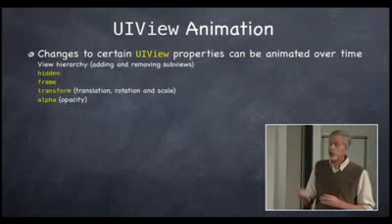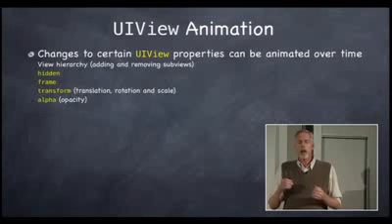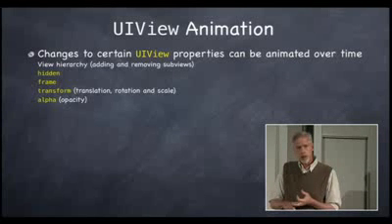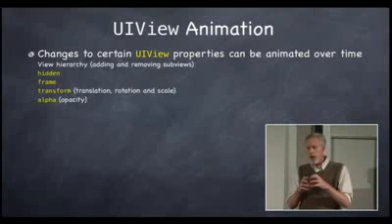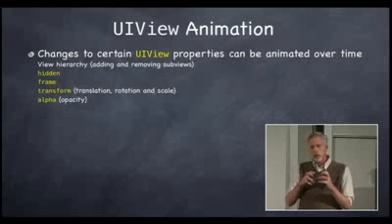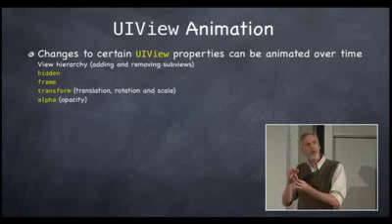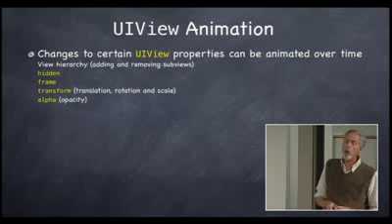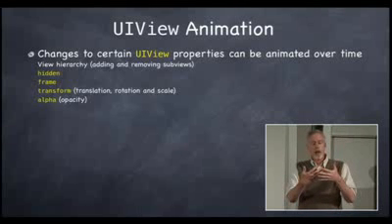A big one is the transform on the view. I told you that all views have this affine transform, which is a translation, rotation, and a scale. So you could scale the view up bigger, okay, and have that animated, all right? Or you could move the thing around, or you could rotate even the view and have it animated. And then also alpha. Okay, this is a kind of a cool one too. You can animate the overall opacity of your view.